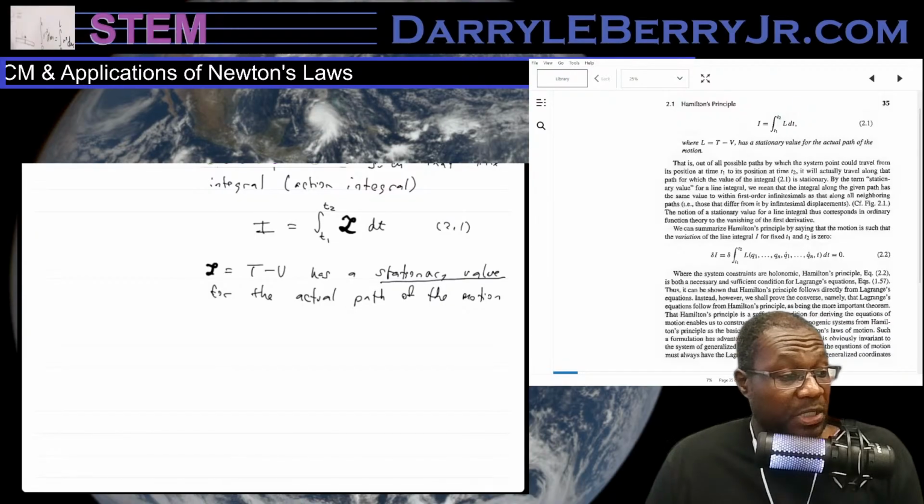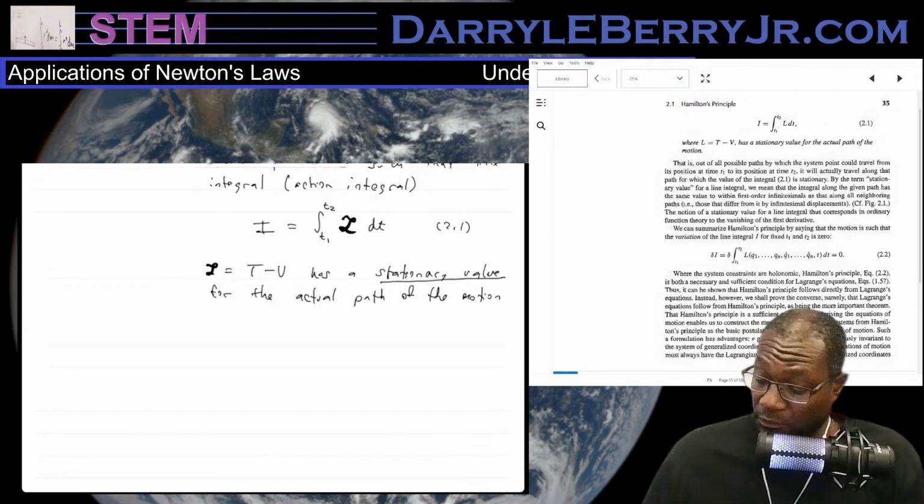We can summarize Hamilton's principle by saying that the motion is such that the variation of the line integral I for fixed T1 and T2 is 0.